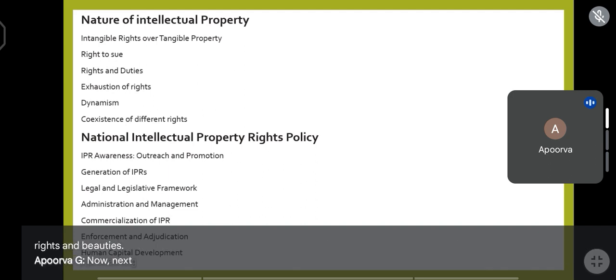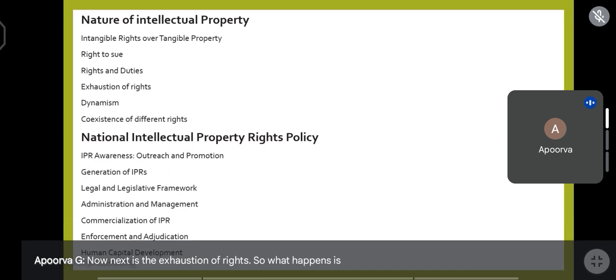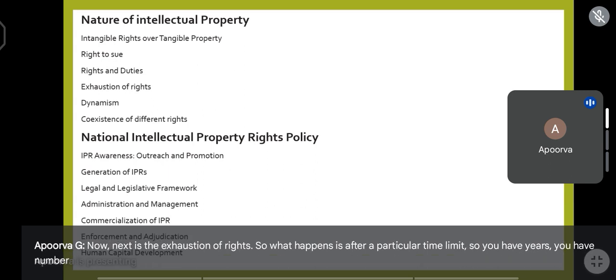Now next is the exhaustion of rights. After a particular time limit, you have a number of years: 20 years, 25 years, till death, after death.